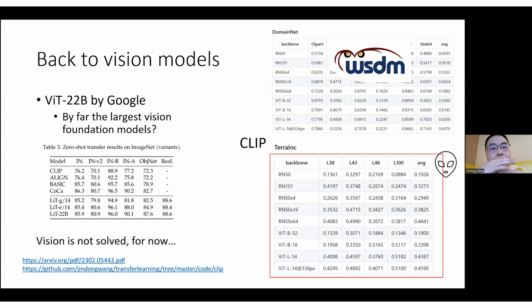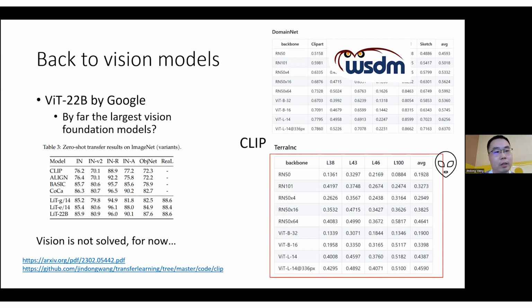So now we would like to go back to vision models, because as you can see through this tutorial, most of the algorithms or theorems are discussed in the computer vision community. Or perhaps we should ask the question: since ChatGPT is really strong on text data, are there any vision models that outperform all other kinds of methods here? So this ViT-22B is a very recent paper proposed by Google.